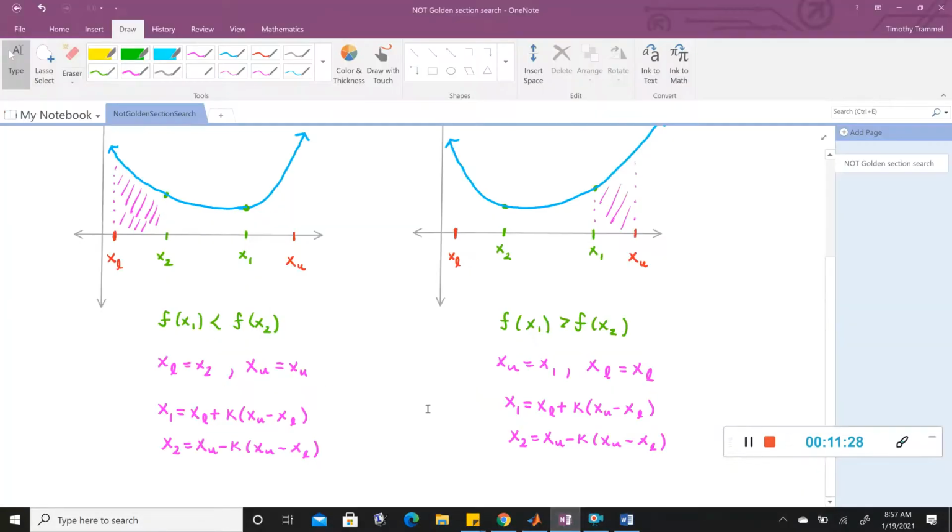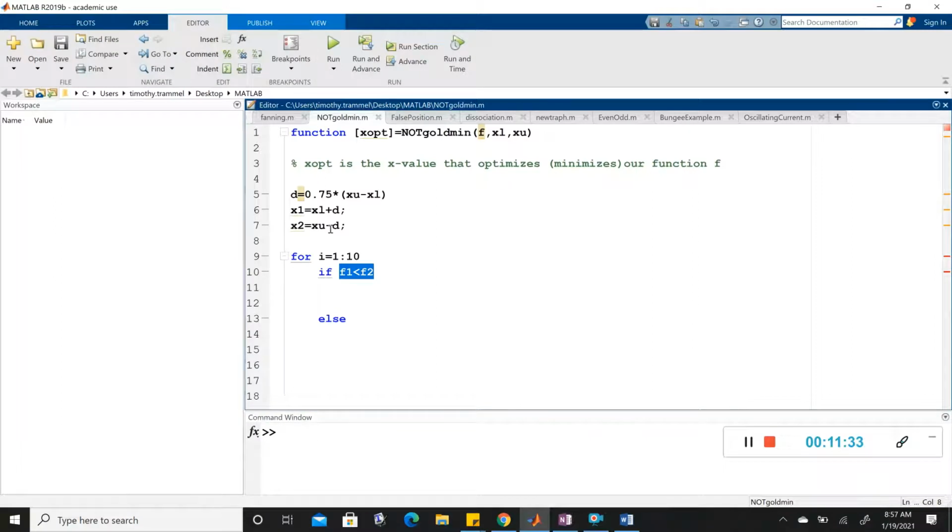Let's go over. F of x1 was less than f of x2. Okay. So I'm going to need to also define those. So F1 is equal to f of x1, and we'll suppress that, and F2 can be f of x2, and we'll go ahead and suppress that as well.